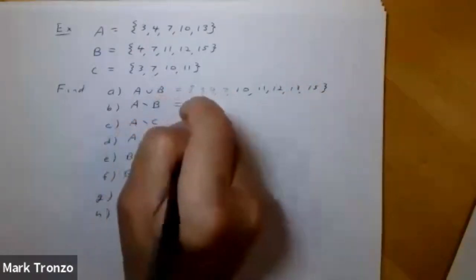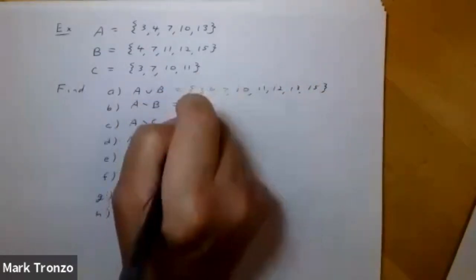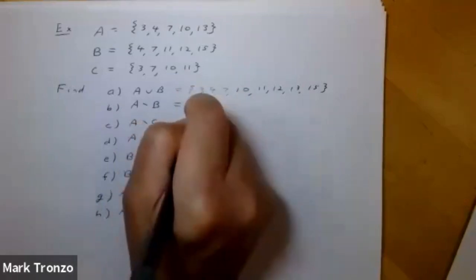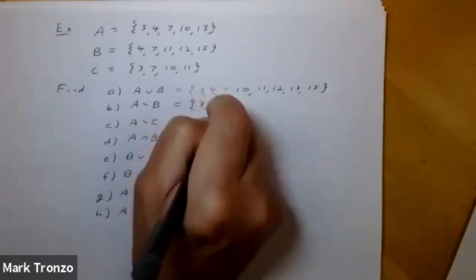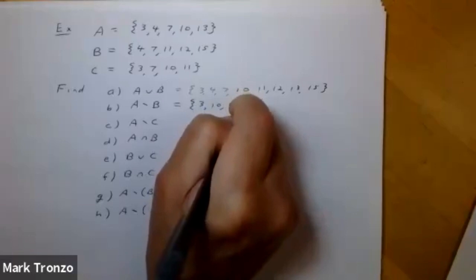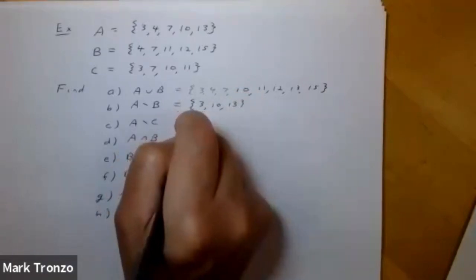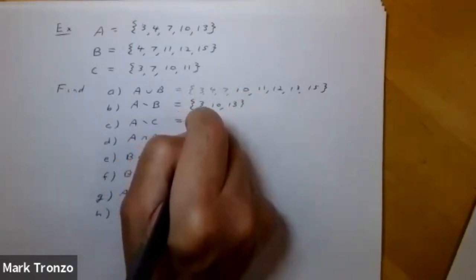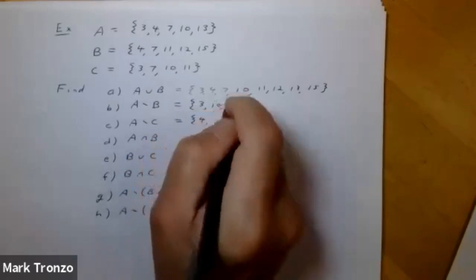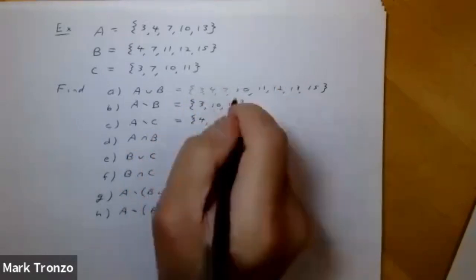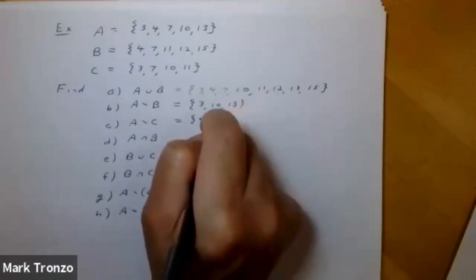And then what did you get for B? 3, 10, 13. And what did you get for C? 4, 7, 13.